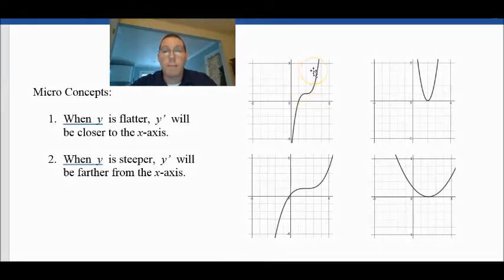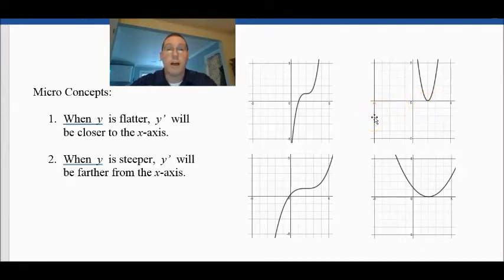That's exactly what's happening in these derivatives. They are both above the x-axis, then touching zero, then above the x-axis again. But because this original graph is flatter, the values of its derivative are closer to the x-axis, whereas the values of this derivative are much farther away from the x-axis.